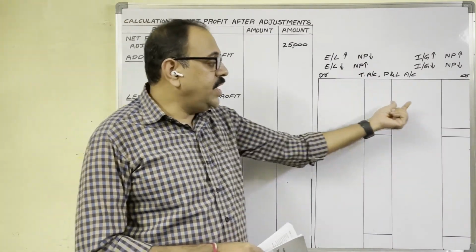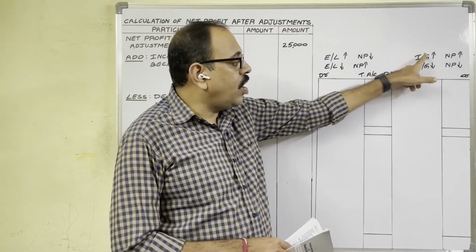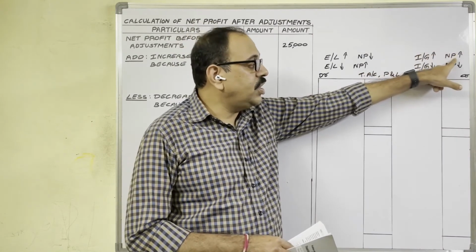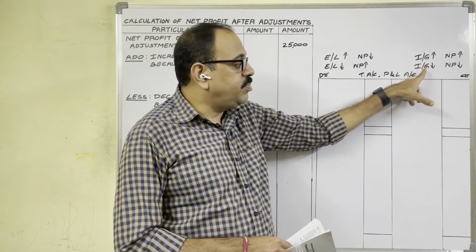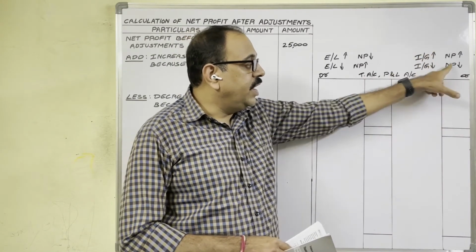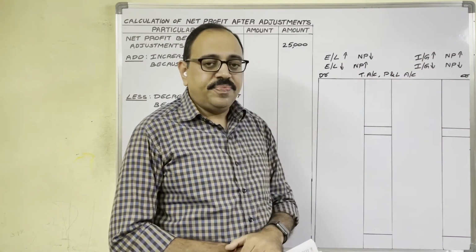Similarly, on the credit side, because of an adjustment, if income or gain is increasing, then net profit increases. If income or gain is decreasing, net profit decreases. So keep these points in mind.